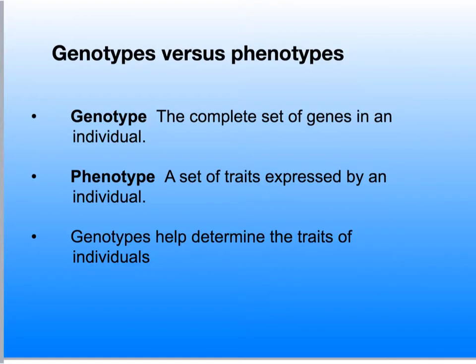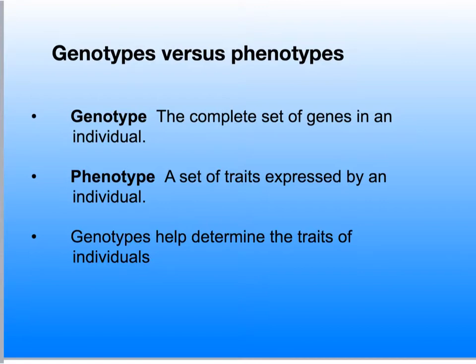Genotypes help determine the traits of an individual, and the two processes that can create genetic diversity in a population, like we said before, are mutation and recombination. An individual's genotype serves as almost like the blueprint that completes a set of traits that an organism may potentially possess.